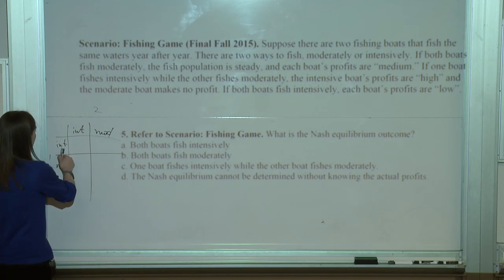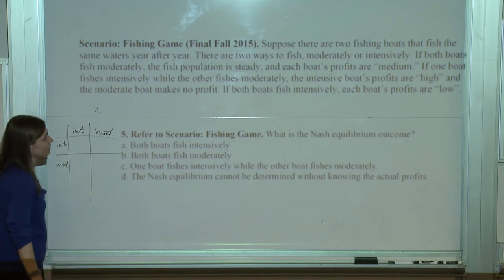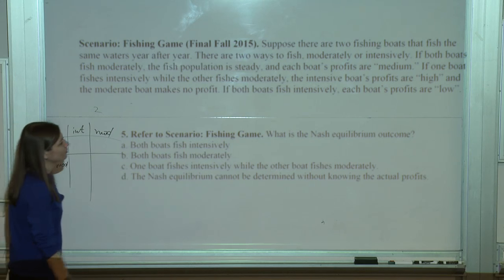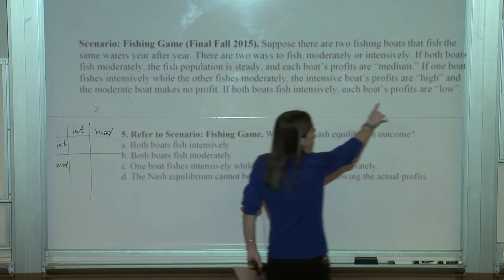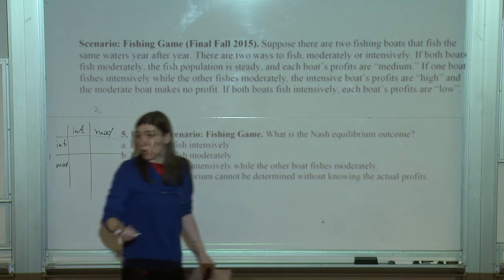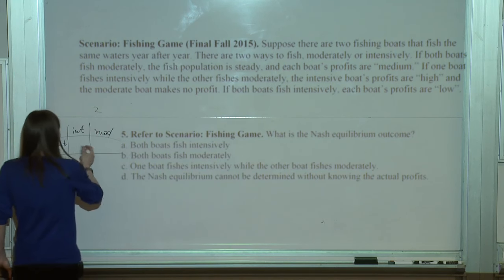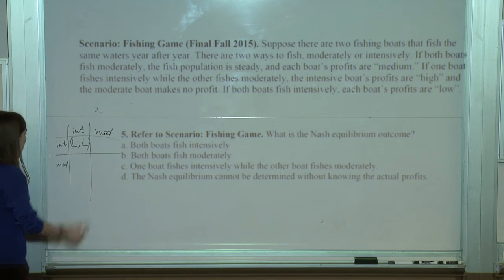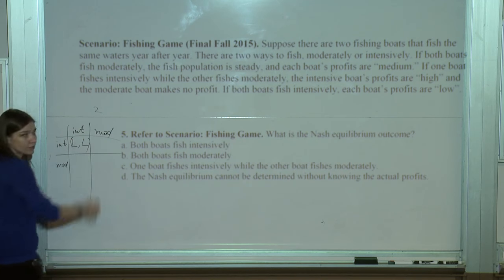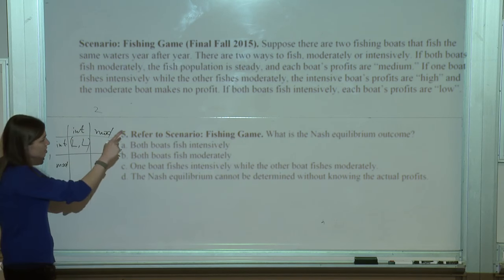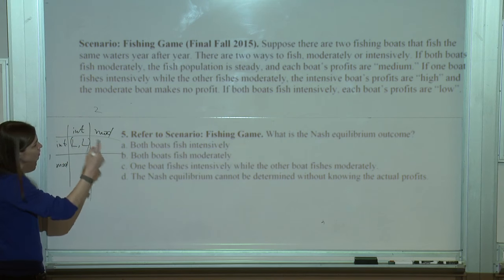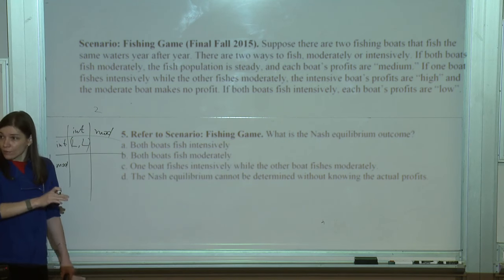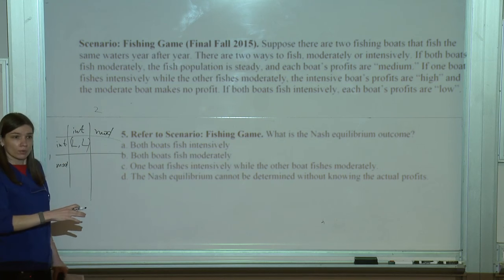Okay, so if both boats fish intensively, what does the problem say is going to happen? If both boats fish intensively, they each get a profit of low. So here the first square has low, low. If one fishes intensively and the other moderately, the one that fishes intensively is going to get high profits, and the other one gets 0.